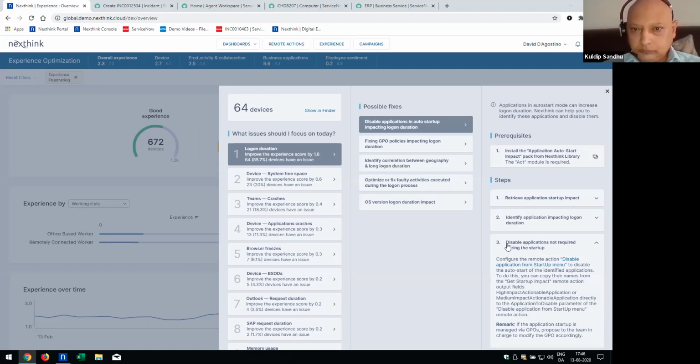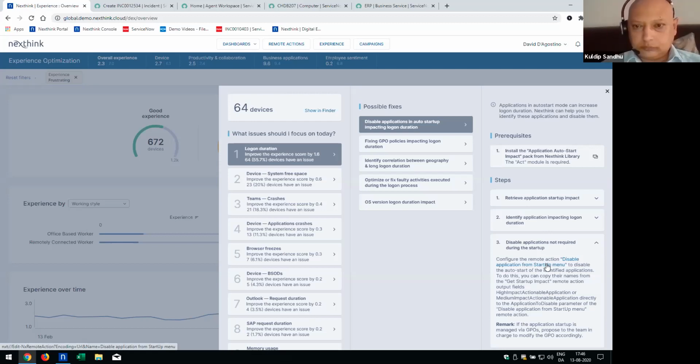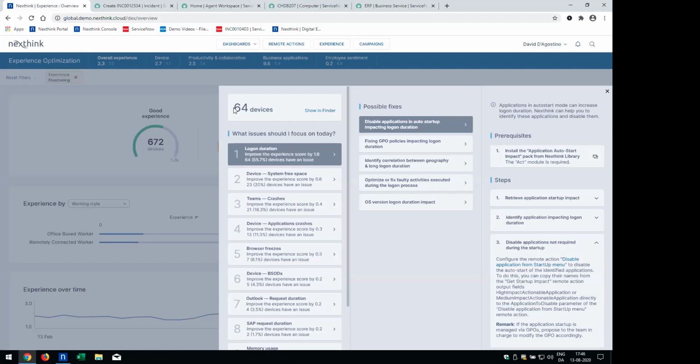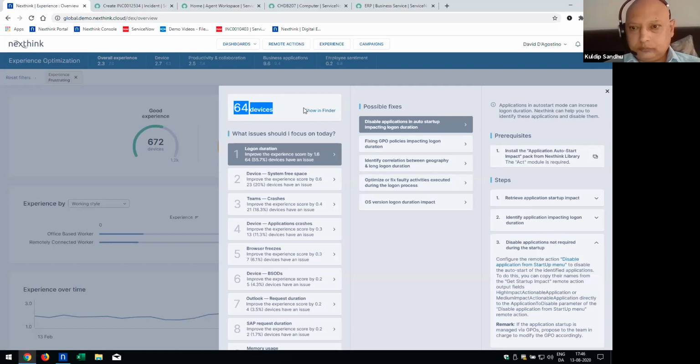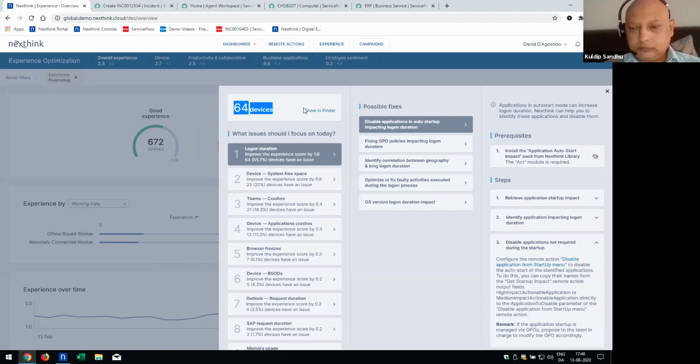In this particular case, by simply clicking a link here, providing I've got the appropriate roles and management authority, that is going to go out right now and automatically refactor or tune the startup list for Windows app, for those 64 affected Windows machines.